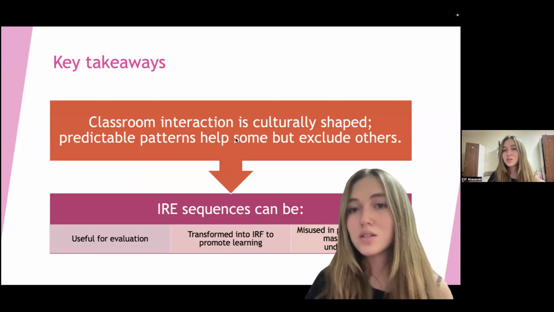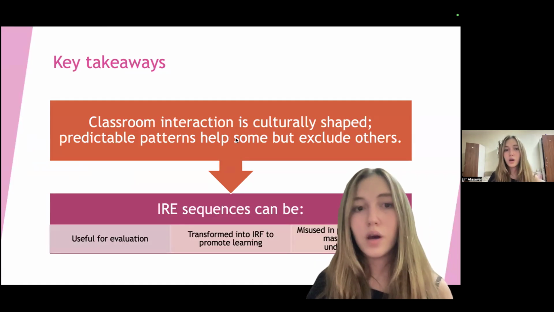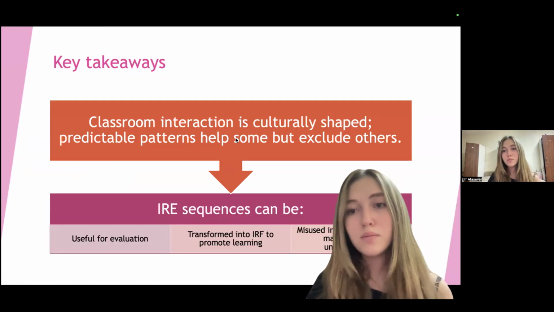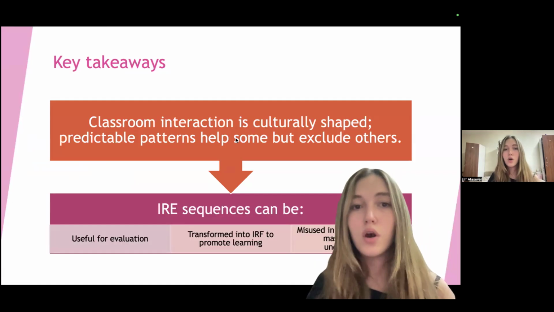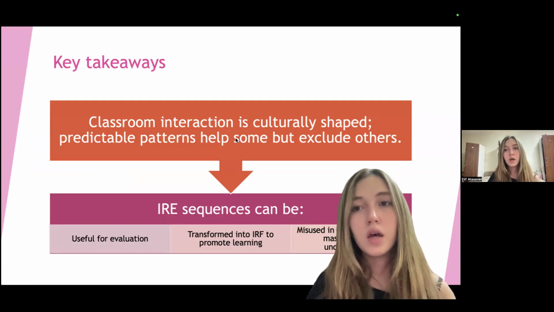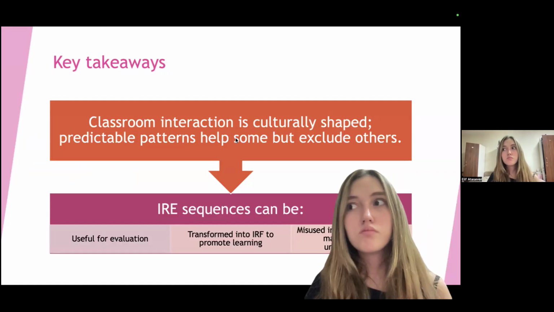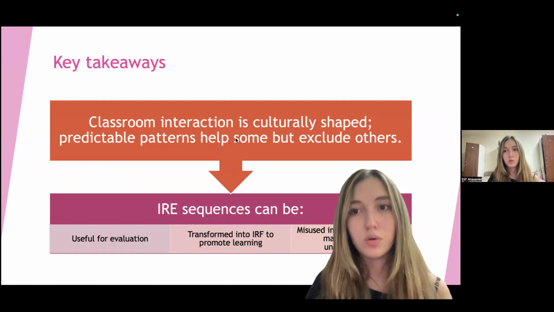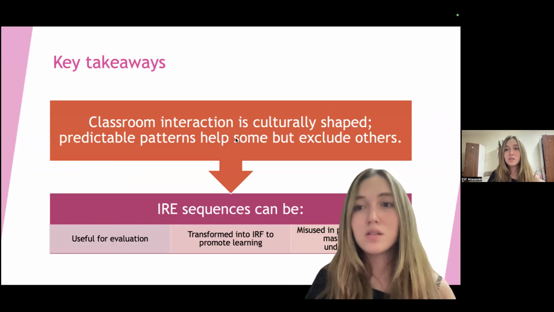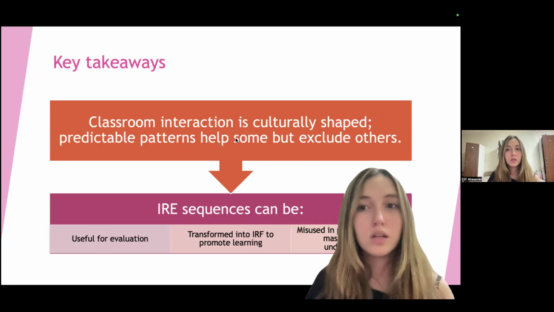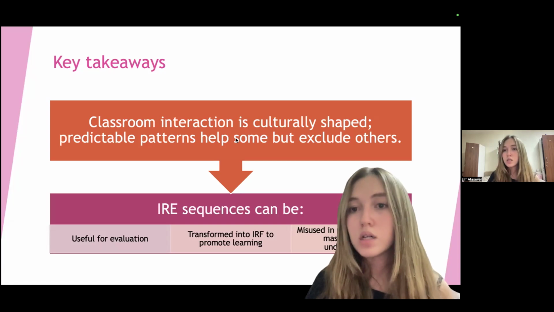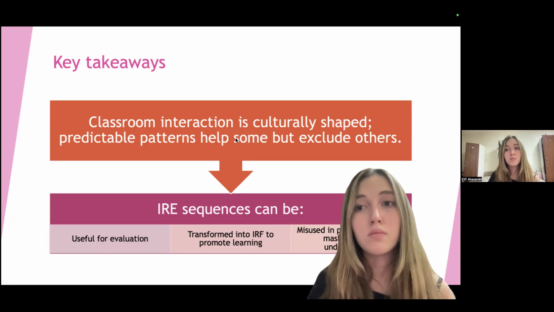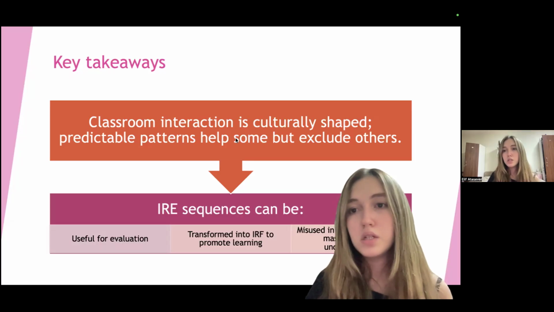And we have some key takeaways from this presentation. So classroom interaction is culturally shaped, as we know, and predictable patterns help some but exclude others. So we just can't say we need to work with our predictions all the time, or we have some predictable patterns and we need to stick with them. No, that's wrong because it can help some, but it can also exclude some other students, other teachers.